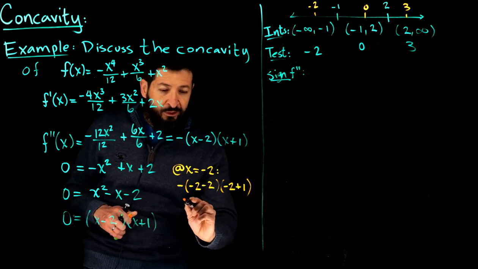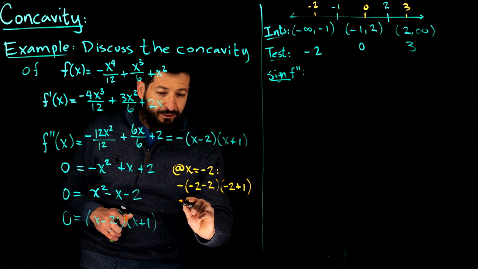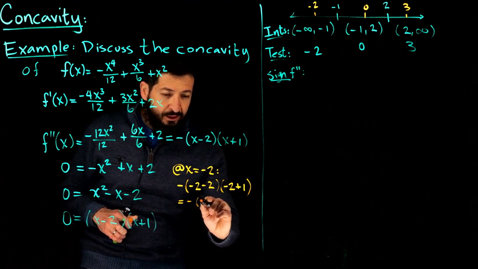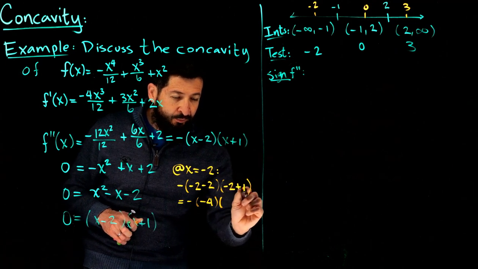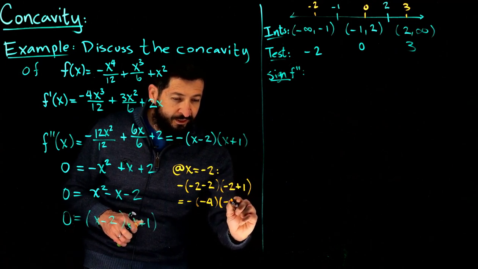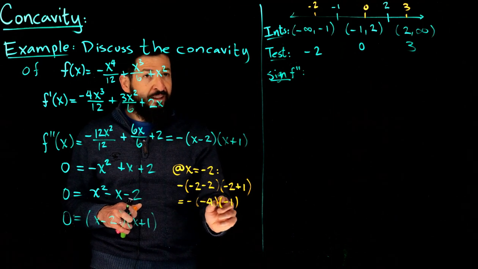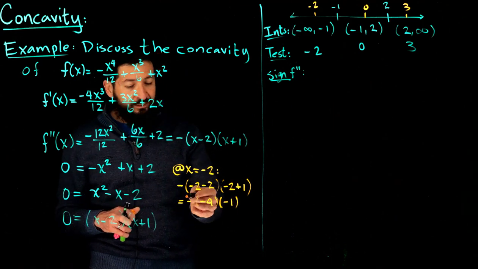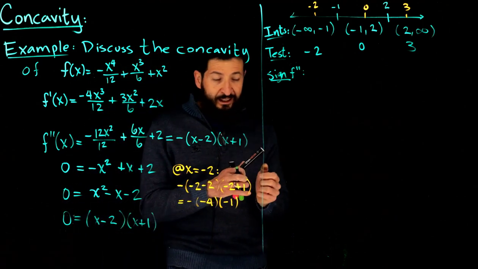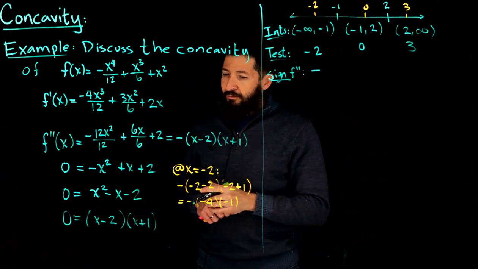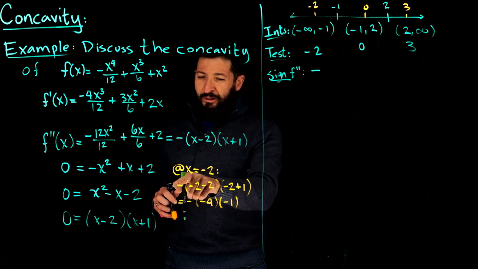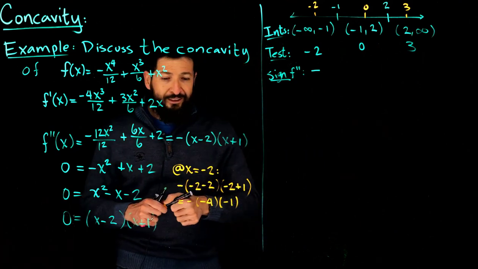So when you compute that, that's going to be -4 times -1, plus 1, which is -1. So negative times negative, that part is positive, times negative again, we get that the sign is negative. I may have said positive. I may have forgotten this negative. So good thing I wrote it, you see?